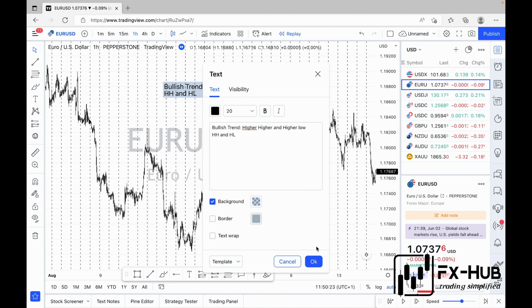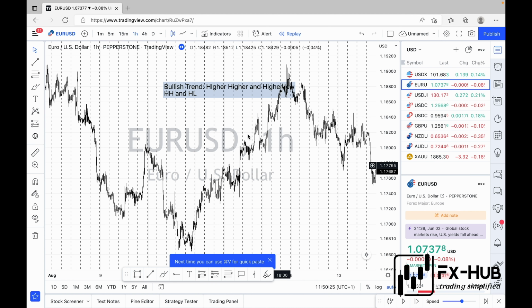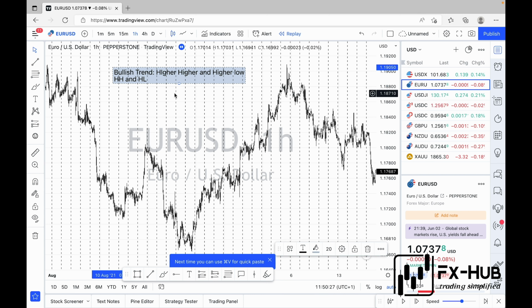There is one thing you will notice from a bullish trend: higher high and higher low.